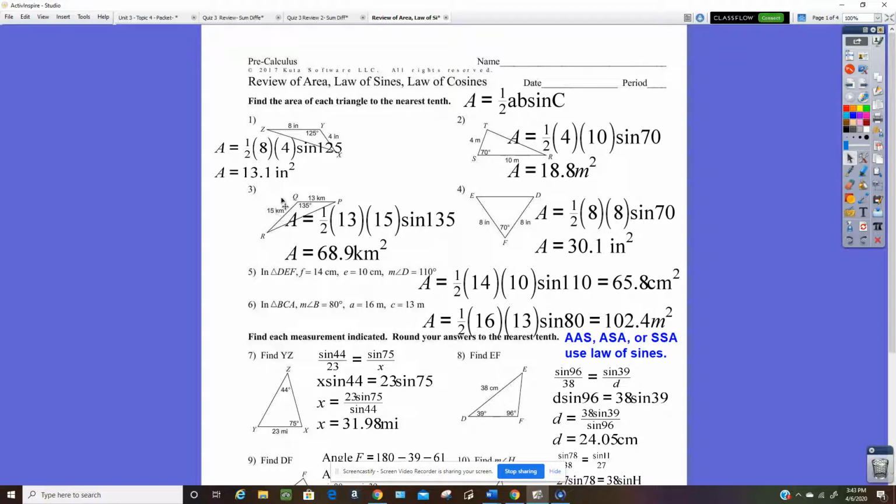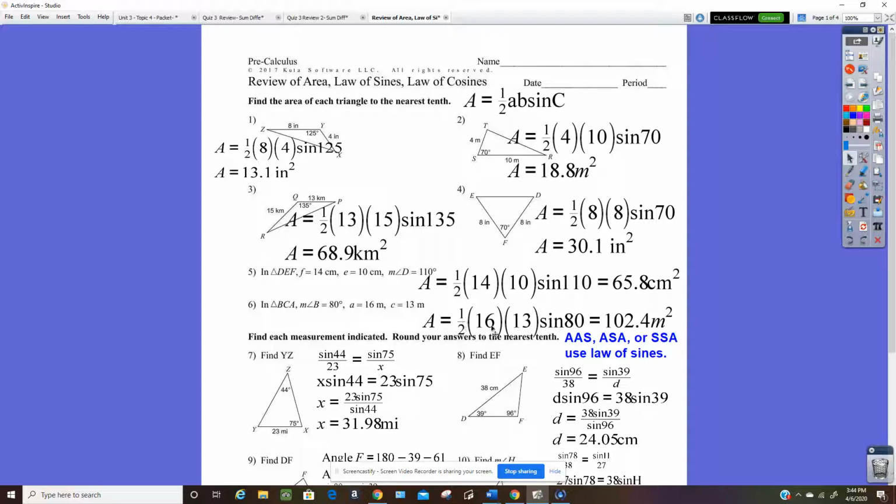Number 3, area is equal to 1/2 times 13 times 15 times sine of 135, so the area is 68.9 square kilometers. Number 4, area is equal to 1/2 times 8 times 8 times sine of 70, 30.1 square inches. Number 5, the area is equal to 1/2 times 14 times 10 times sine of 110, which is 65.8 square centimeters.